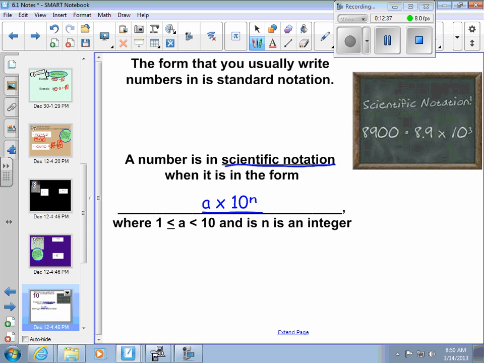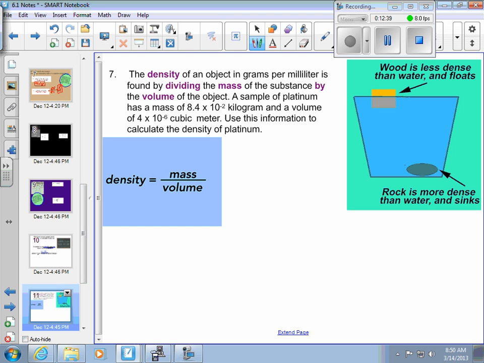All right, this first example, they want you to figure out the density of an object, and density is found by dividing the mass of a substance by its volume. A sample of platinum has a mass of 8.4 times 10 to the -2, so that's the mass. And we said it's mass divided by volume for density.